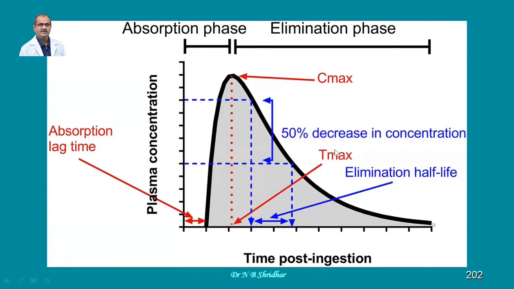Then a 50% decrease in the concentration gives the elimination constant 50. So here this is a 50% interception, which is what you call the plasma elimination half-life of the drug.